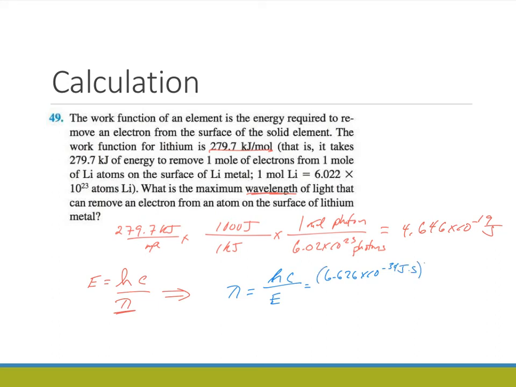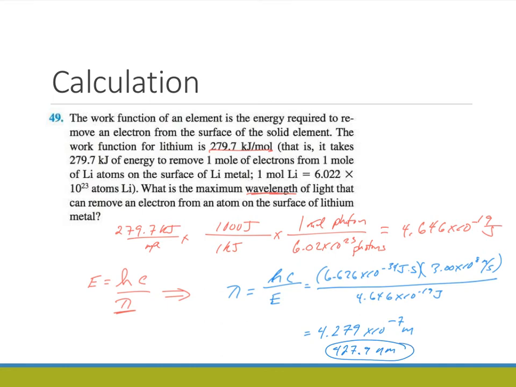That's Planck's constant. 3.00 times 10 to the 8th meters per second. That is the speed of light, divided by this energy, 4.646 times 10 to the minus 19th joules. And we're going to end up with 4.279 times 10 to the minus 7th meters, or 427.9 nanometers.